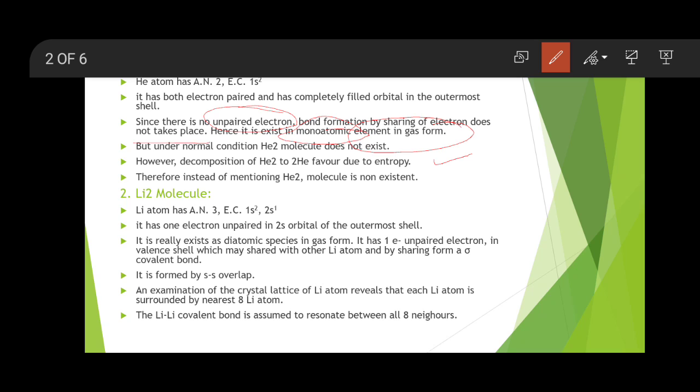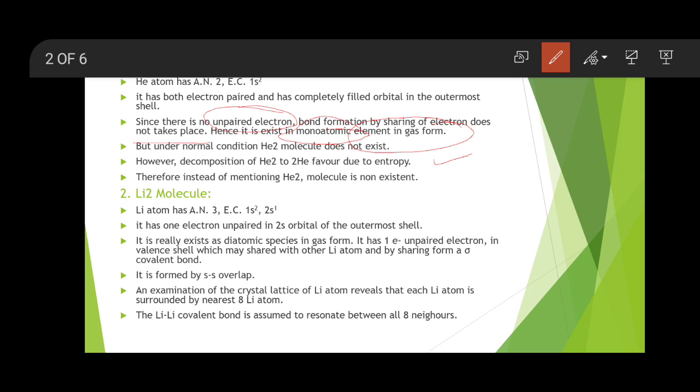So one molecule is converted into two atoms, so it is entropically favorable. What is entropy? Entropy is a measure of randomness. As the number of atoms increases, randomness also increases, and this is favorable, and therefore helium exists in the form of atoms and not in the form of molecules.